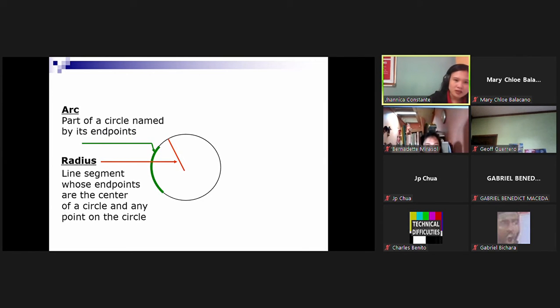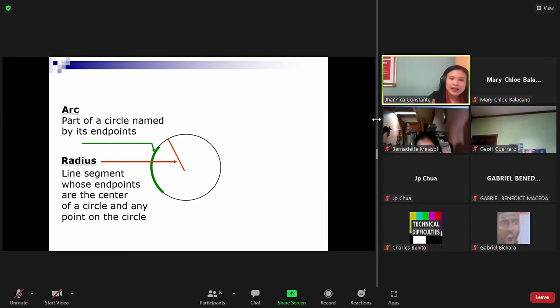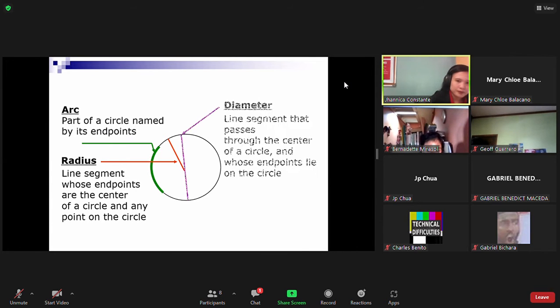The other parts, we have the radius. We already know what a radius is. That is a line segment whose endpoints are the center of a circle and any point on the circle. And we have the diameter.